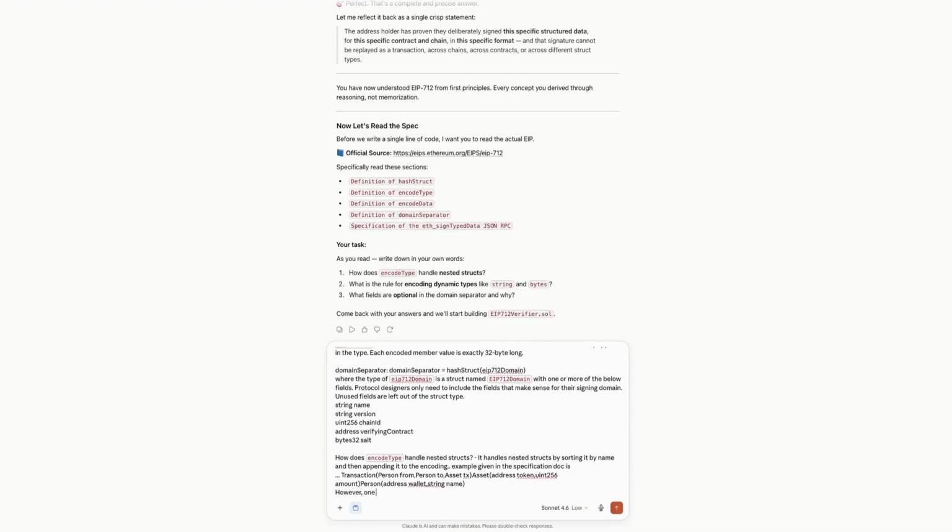However, one thing to note is that it cannot handle cyclical structs. That is, a struct referencing itself.